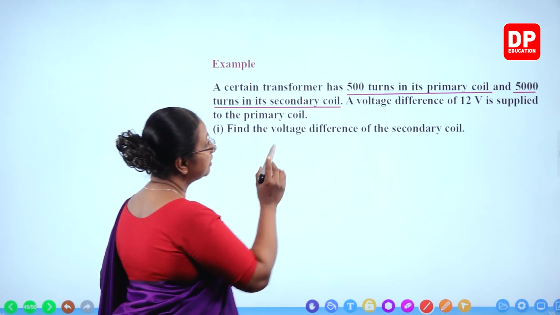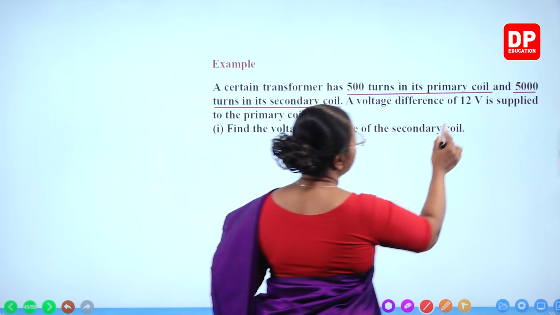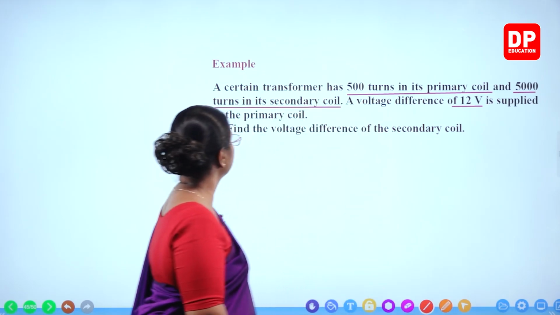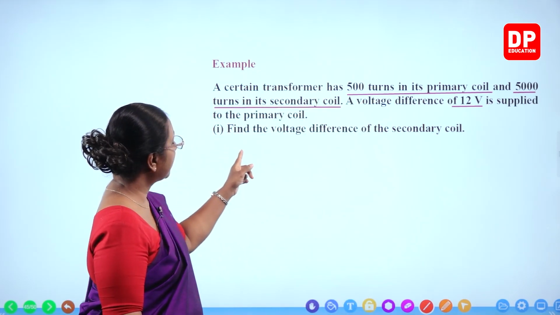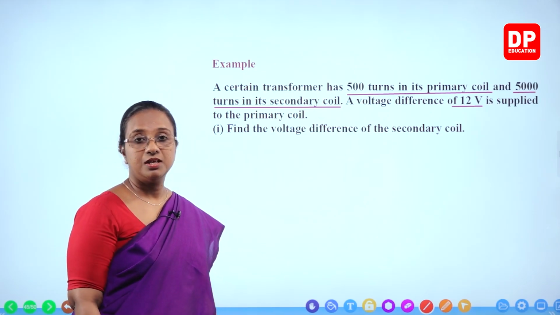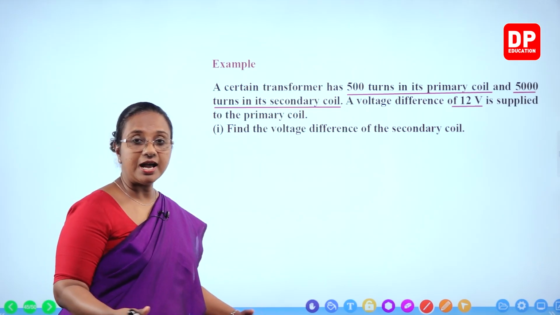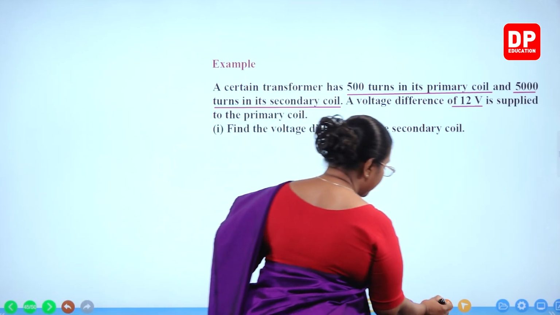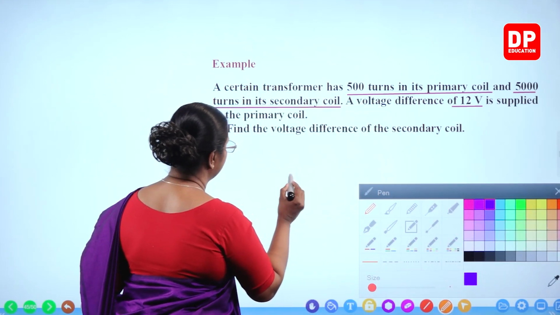A voltage difference of 12 volt is supplied to the primary coil. The first question, find the voltage difference of the secondary coil. You don't really have to draw a diagram or anything, but since I am doing the first calculation, I will show you the diagram as well.